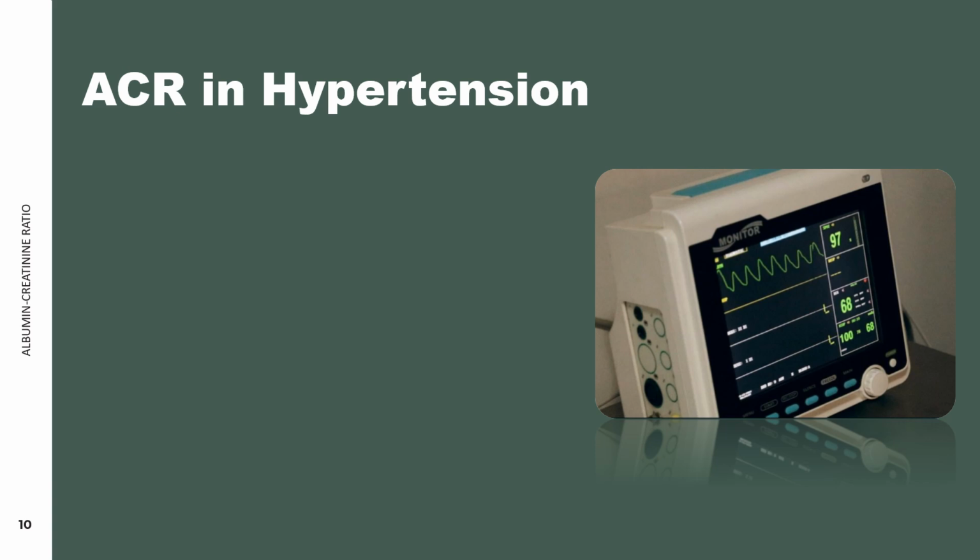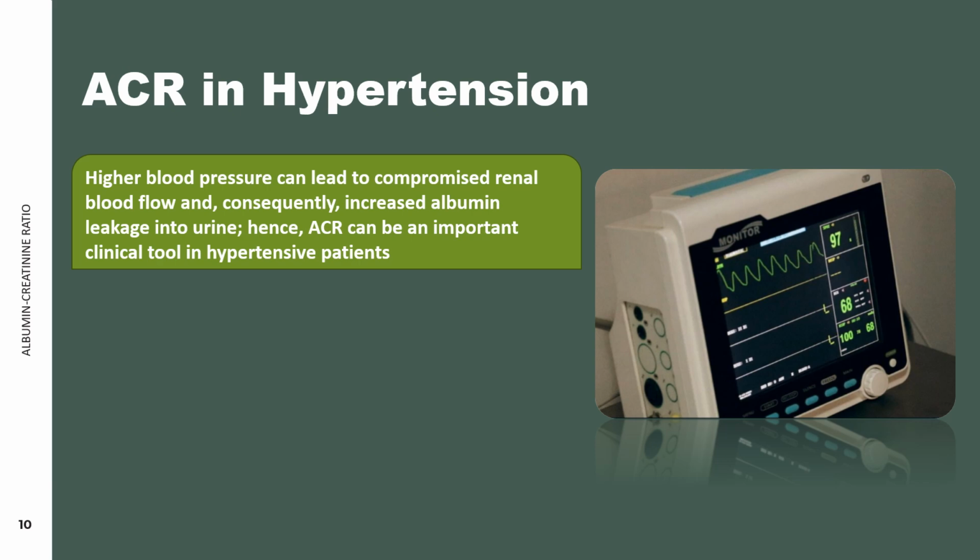So, what is the role of ACR in hypertensive patients? Higher blood pressure can lead to compromised renal blood flow, consequently increased albumin leakage into the urine. Thus, ACR can be a very important clinical tool in hypertensive patients for detecting kidney damage.